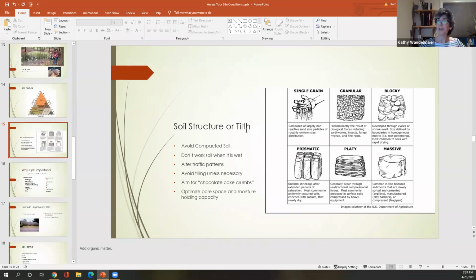But tilth is a better term, I think, that people can relate to a little bit better. The tilth of the soil is, what does it feel like? And chocolate cake crumbs is the way ideal soil has been described. I don't think I've ever seen chocolate cake crumb soil around here. We just have too much iron in the soil.